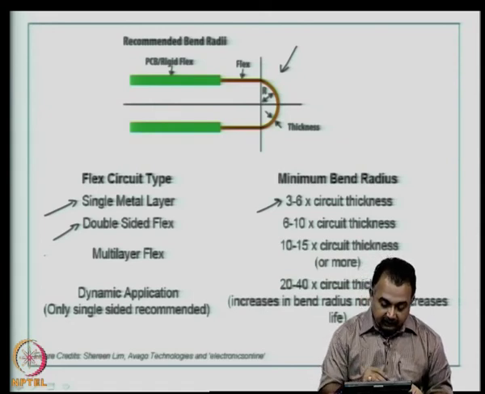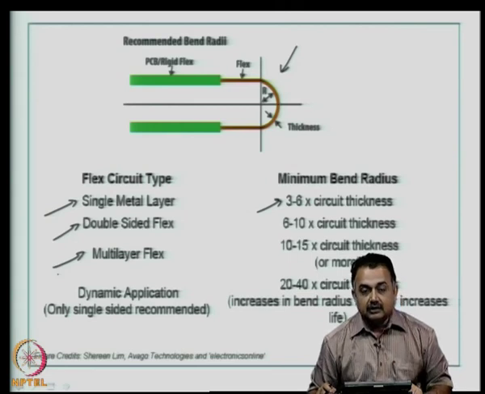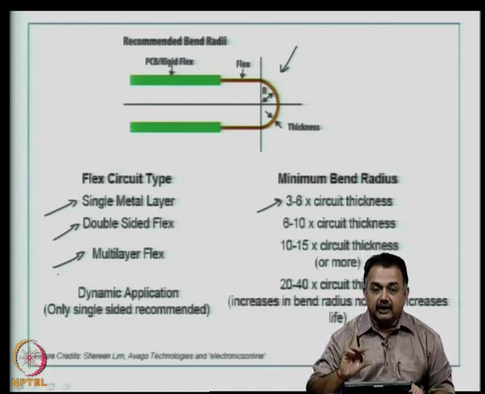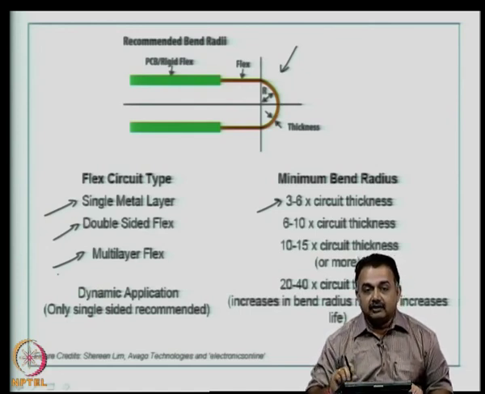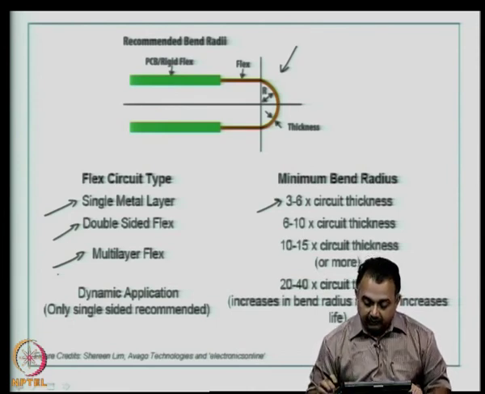So, as a designer, you have to look at what kind of circuit you have designed and what kind of bend radii you can provide, whether it is a static application or a dynamic application, before it goes into a product.